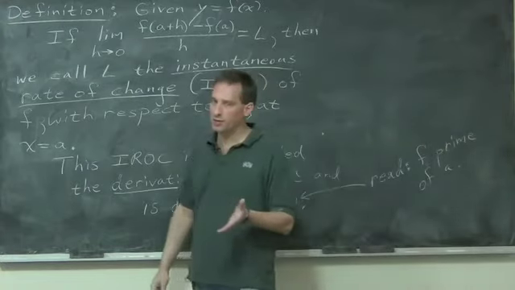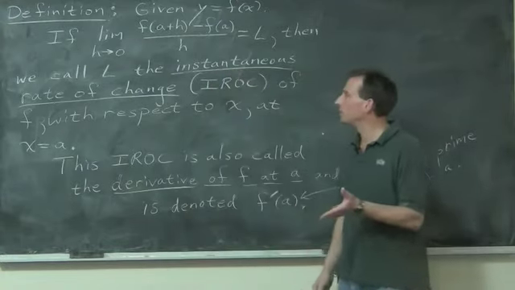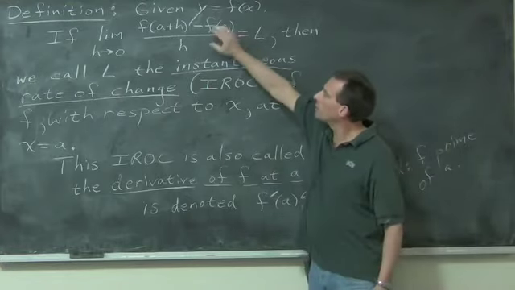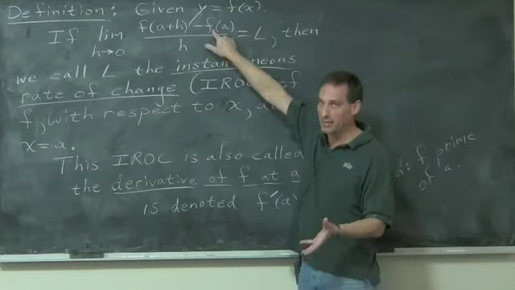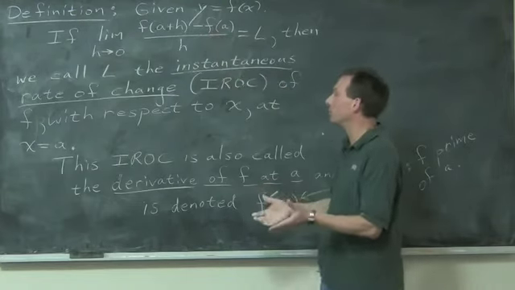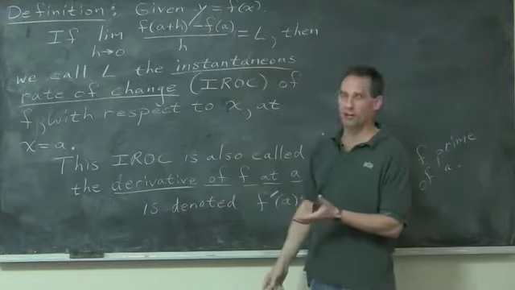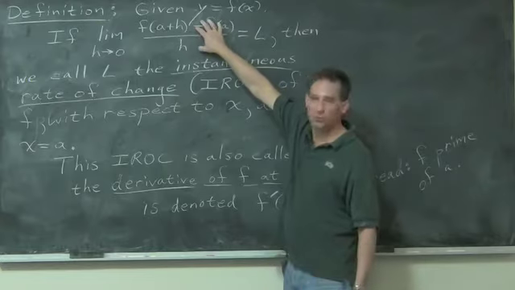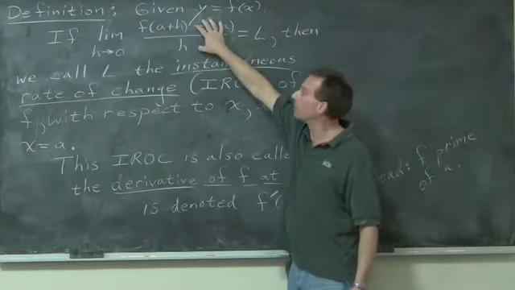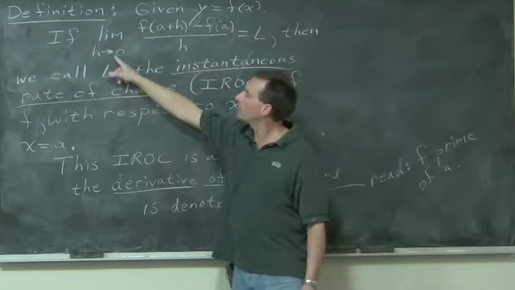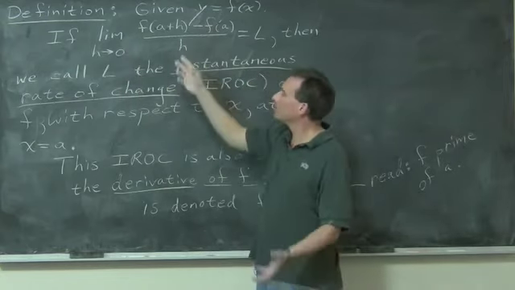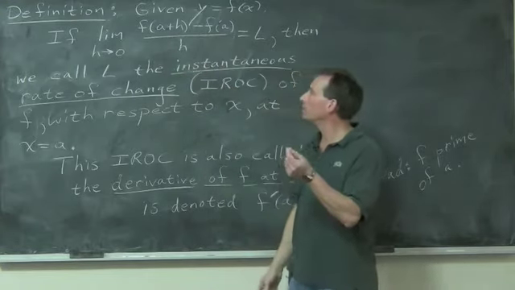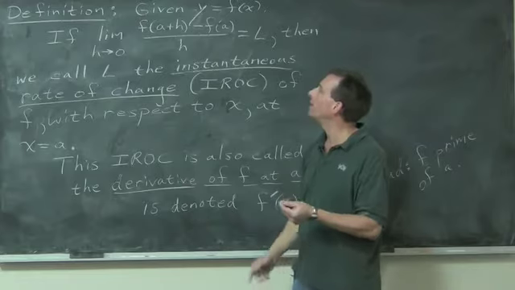So this is our definition of the instantaneous rate of change, and it's motivated, for instance, by our discussion on velocity. If f is the position of an object and x, strangely, is how we're denoting time, then this is the average rate of change of position with respect to time, so it's the average velocity. One of the times is a, and one of them gets closer and closer to being a.